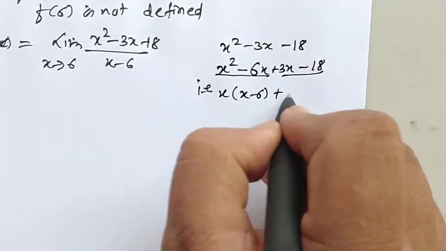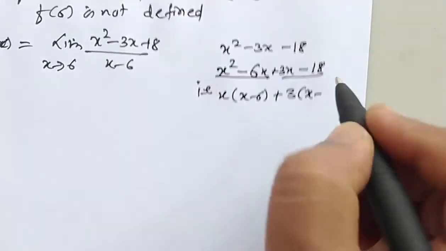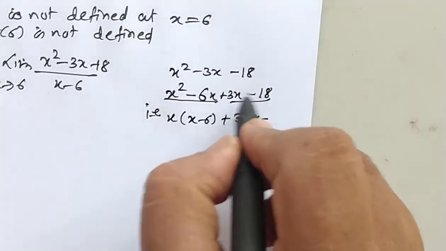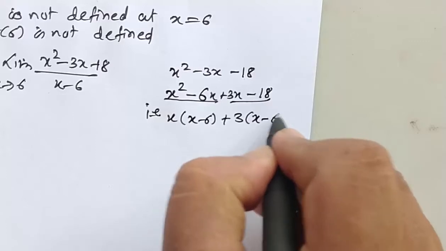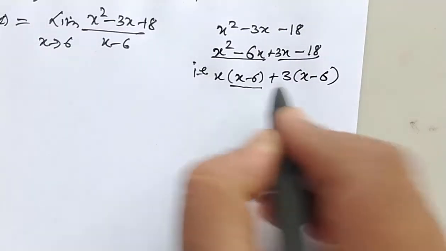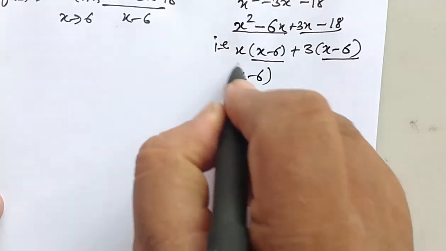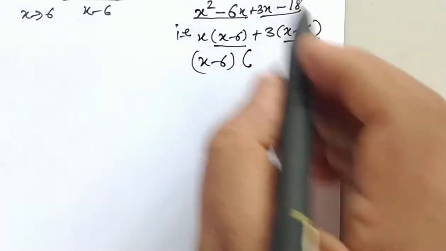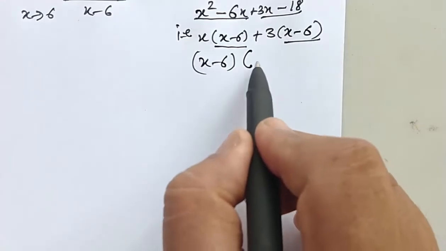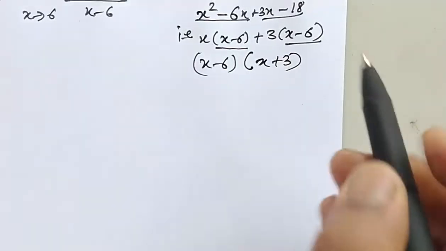Here we can take 3 common. 18 means 3 into 6, so it remains 6. x minus 6 is taken common, and it remains x plus 3.